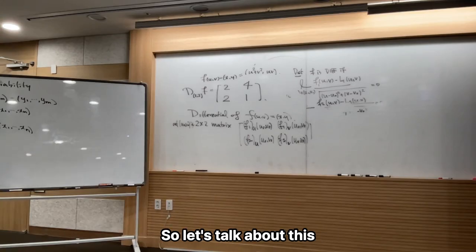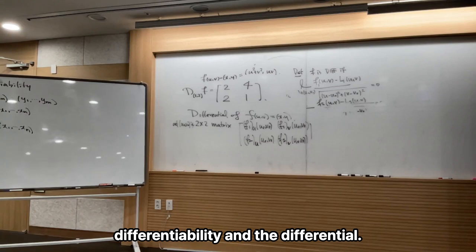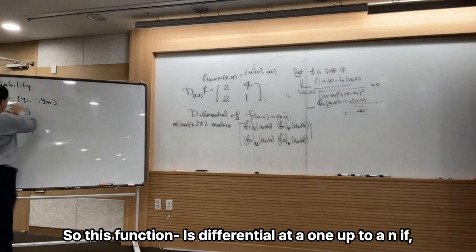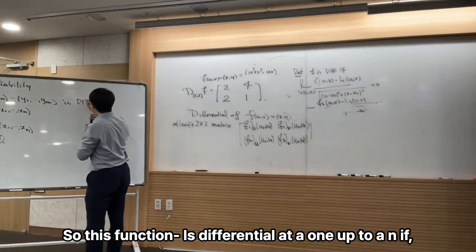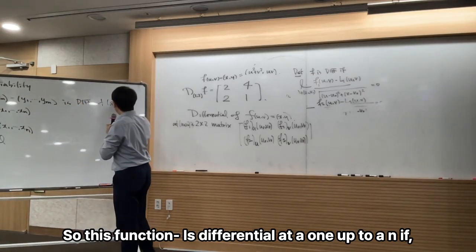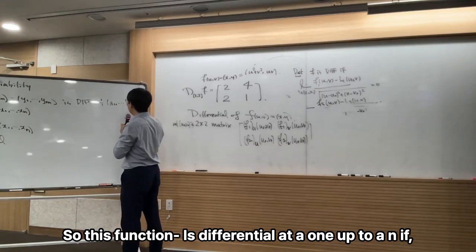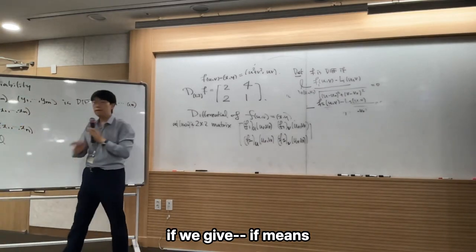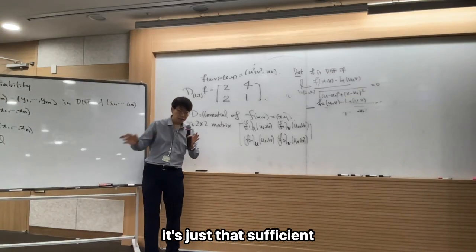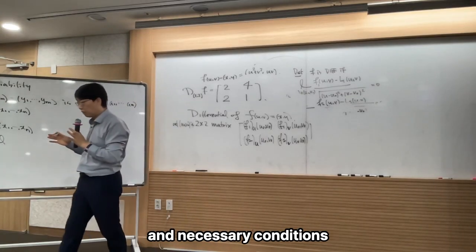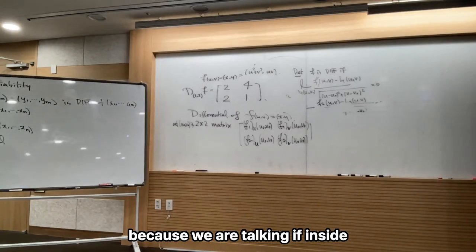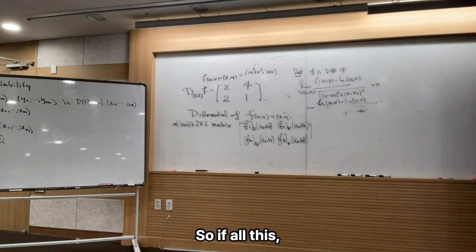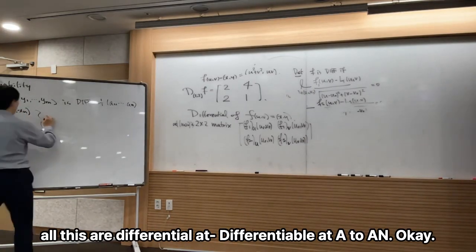So let's talk about this in a general sense: differentiability and the differential. So this function is differentiable at a1 up to an if all of these are differentiable at a1 to an. Here, "if" is not conditional, it's a sufficient and necessary condition, because we're talking about "if" inside a definition statement.